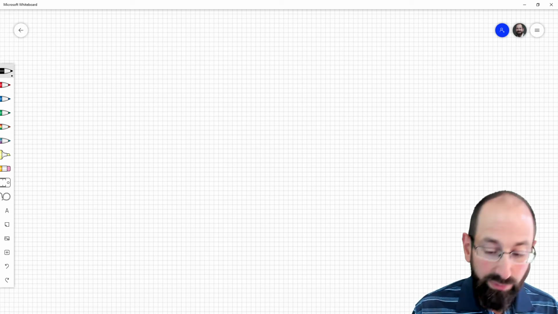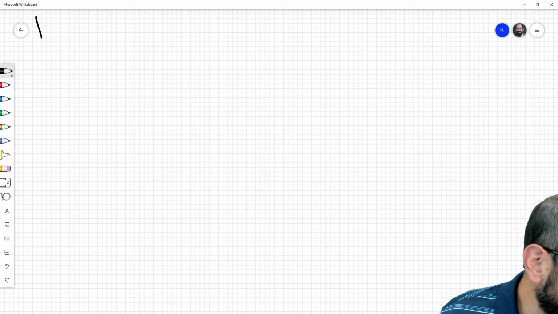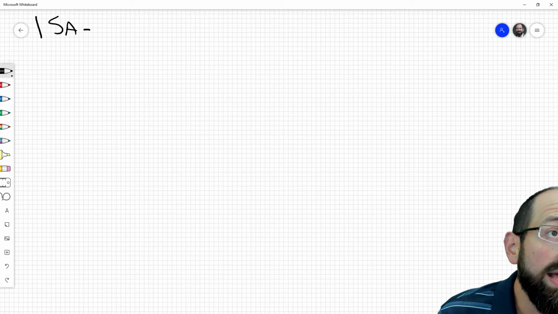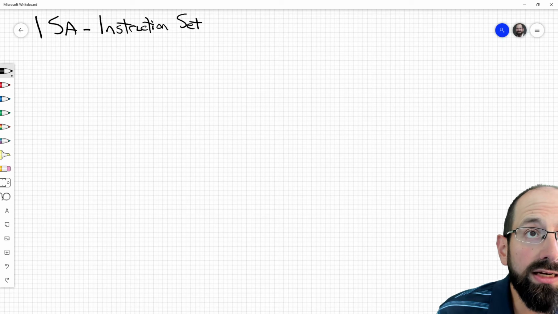Let's make sure our terms are in pretty good shape here. I keep throwing out ISA, and we did define it on that slide, but just to make sure: when I refer to an ISA, that is instruction set architecture. The word architecture here is maybe a little unfortunate.